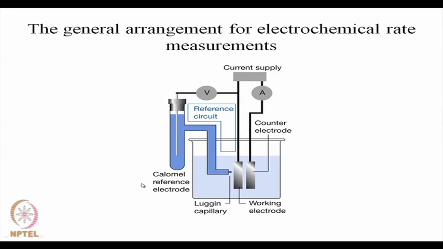So, this is the general arrangement for measurement of electrochemical rates, as I told you earlier. Basically you do a current potential diagram.